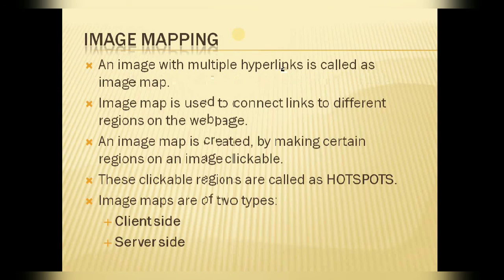Area has attributes as shape, href, coords and alt. Map has attribute as name. Image has attributes as src and usemap. Usemap value is hash and any text. The same text should be given to the name attribute of the map tag. Then you can create your image map.